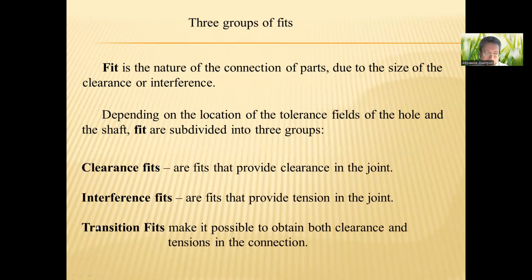And third group, transition fits. Clearance fits are fits that provide clearance in the joint. Interference fits are fits that provide interference in the joint. And transition fits make it possible to obtain both clearance and interference in the connection.